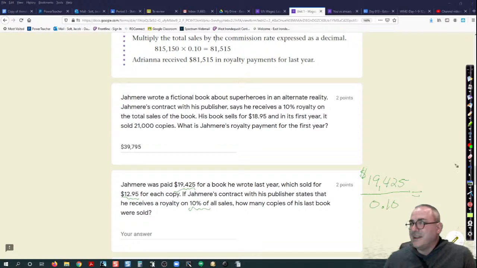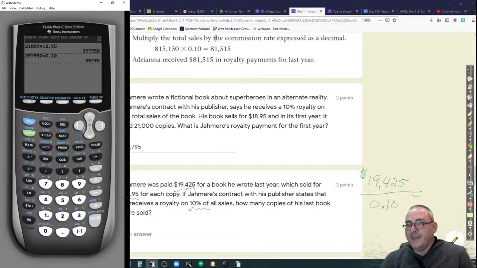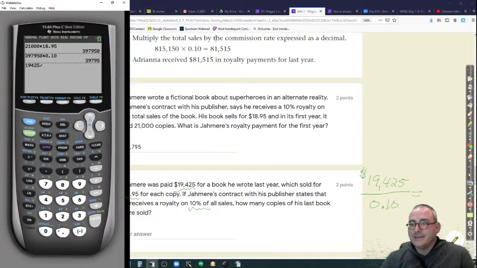So I need to pick out my math machine for this. 19,425 divided by 0.10. Technically, I don't need that 0 at the end, but I'm just doing it for your convenience. Aha! I can now see that total sales was $194,250. Now, if you knew how that math worked, you probably could have done that in your head.